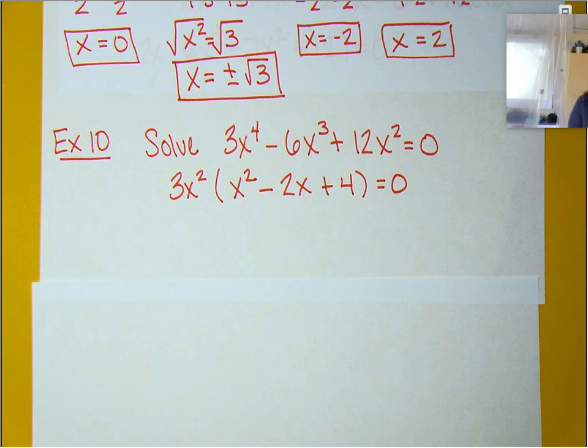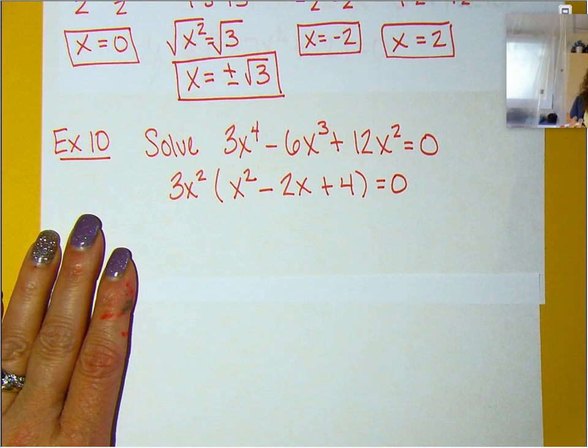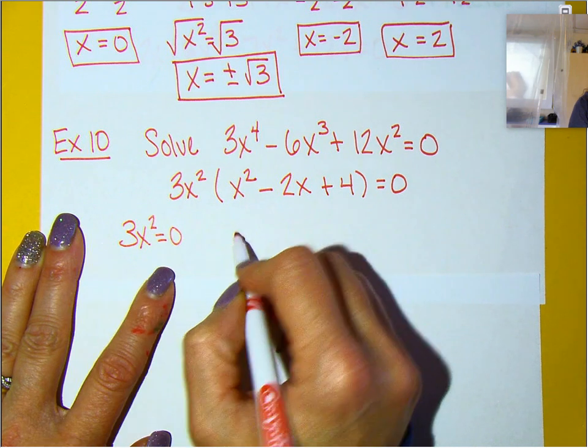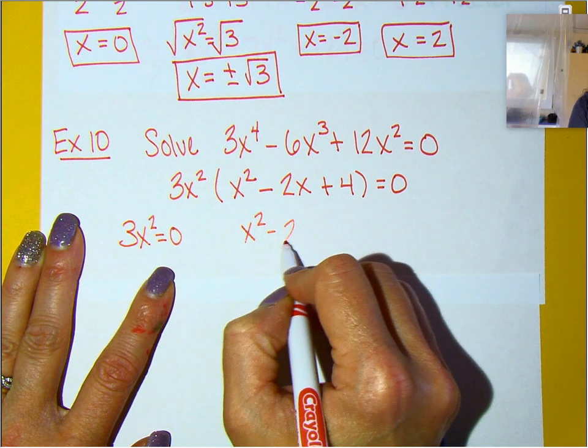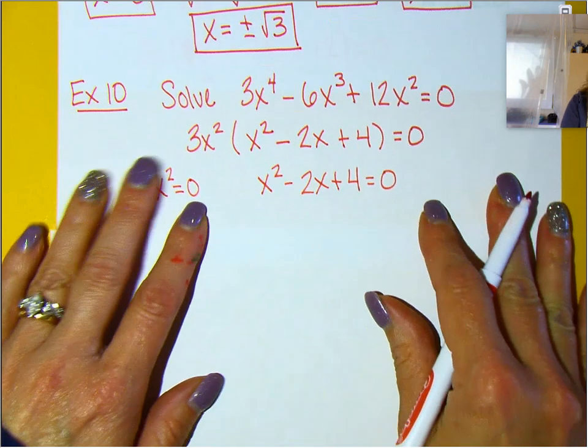So this one's prime. And whenever that happens, we're done as far as the factoring portion of this. What we would do next is set 3x squared equal to 0 and solve, and the trinomial equal to 0 and solve. Only I can't do any factoring there.